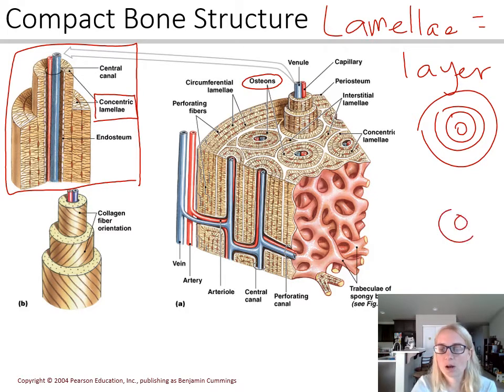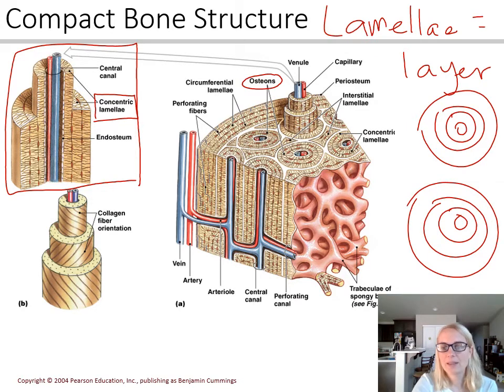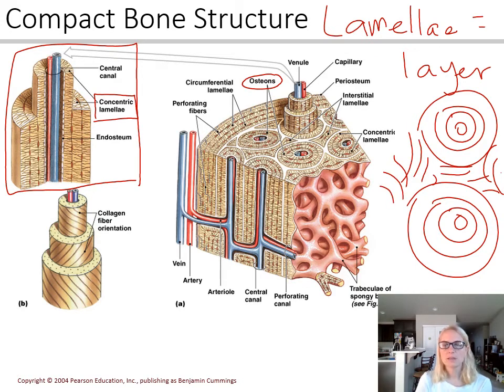So if I'm going to draw another osteon here, and then in between I might have some layers of other osteons, this is what we call interstitial lamellae. Interstitial means in between.